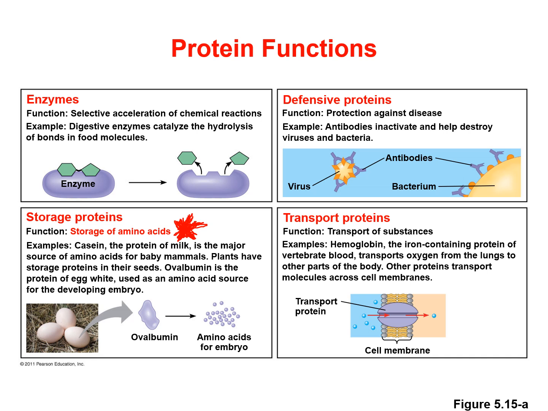Those amino acids are there for the embryo to use as the embryo grows into the chick. And then we also have proteins that will be used for transport. For example, in this picture, we've got a transport protein that's being used to transport things into the cell.